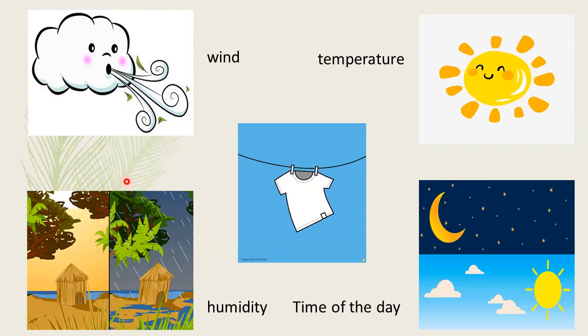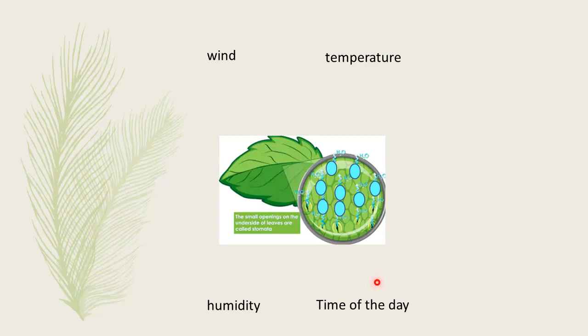So let us take the example and put it in a real life situation with plants. This is a leaf. On the lower surface of the leaf there are stomata. On the stomata you can see water vapors. What affects these water vapors to transpire?